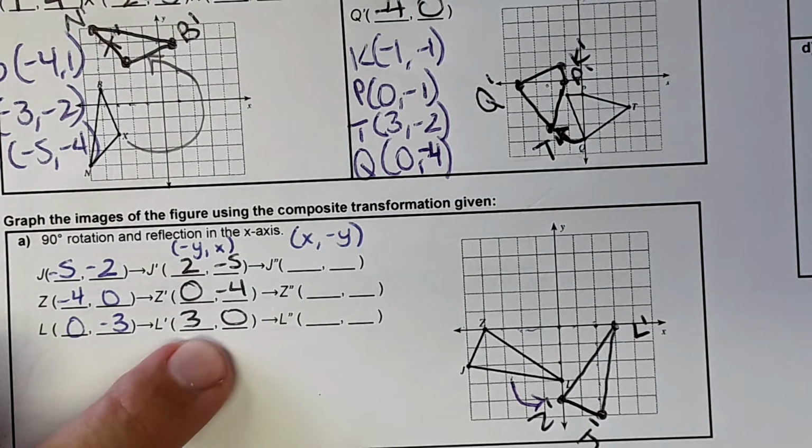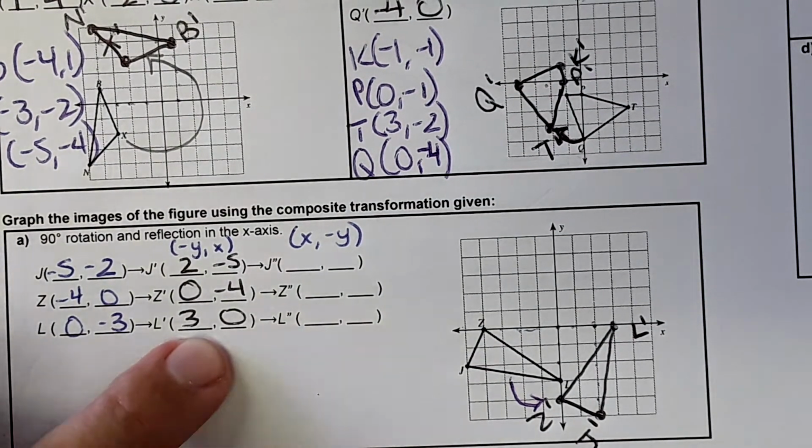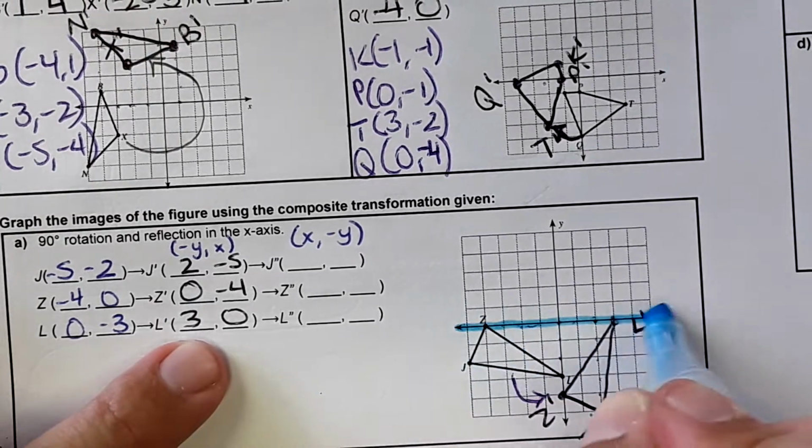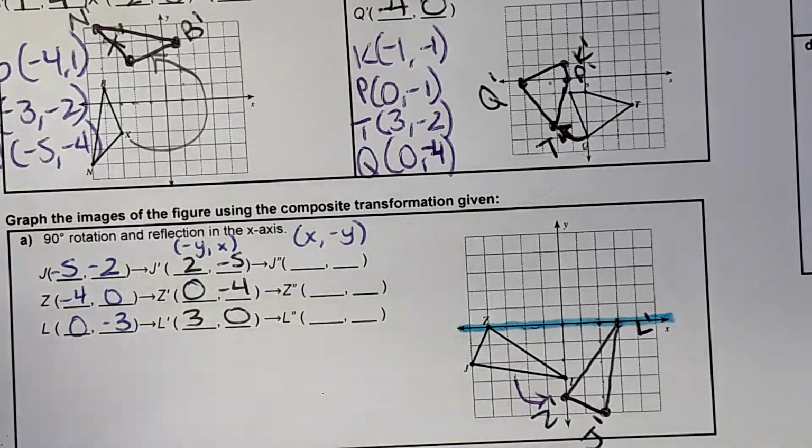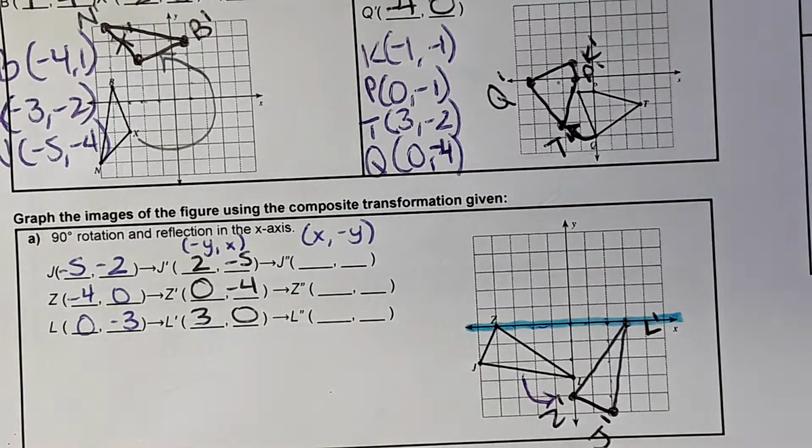Now we are reflecting over the x-axis. If you're more of a visual person and you just want to reflect them over, you could. I'm going to be using the points over here. Let's use a different color.